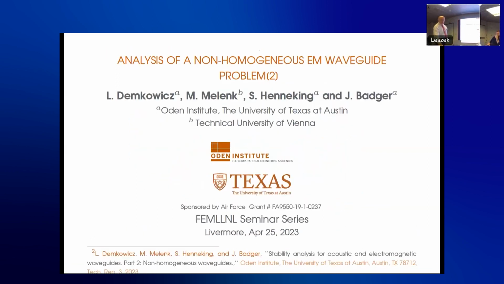I guess, Socrates, just to add to this, I could have plotted the relation here between P and beta and seen how much you need to change P to accommodate the change in beta. We didn't do that, but as Leszek pointed out, by tuning it in the waveguide problem, we're able to save ourselves about 2 to 3 orders in terms of the order of approximation and get the same pollution error. Right.